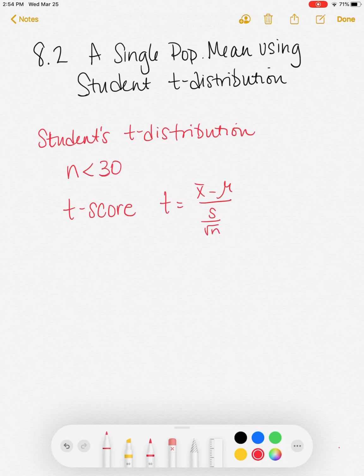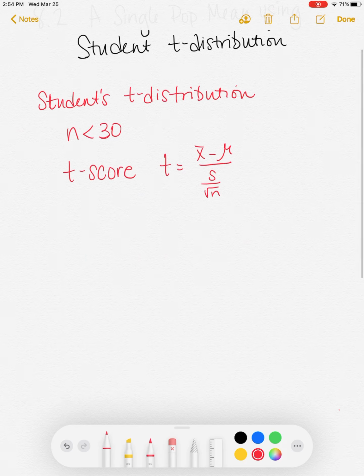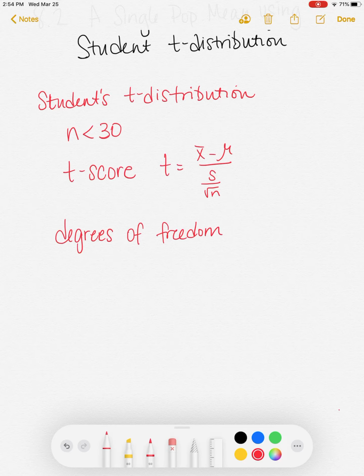In addition to needing these pieces of information, we have what's called degrees of freedom. When we use our calculator, we're going to have to specify what our degrees of freedom is. The degree of freedom is basically n minus 1, whatever our sample size is minus 1. And that's going to calculate more accurately.